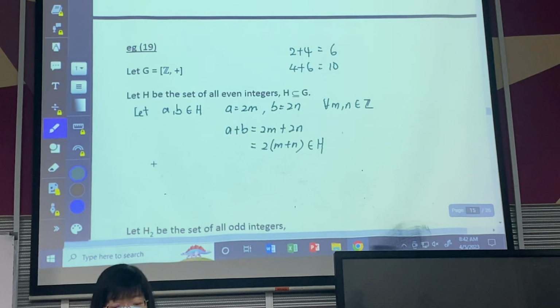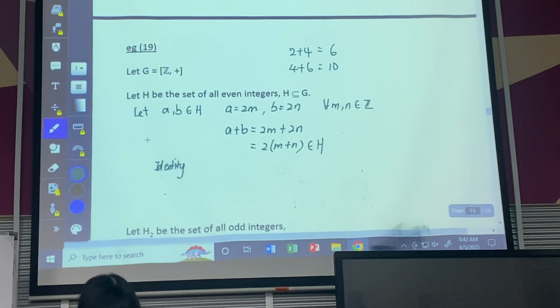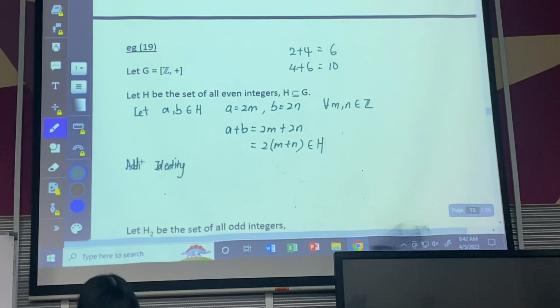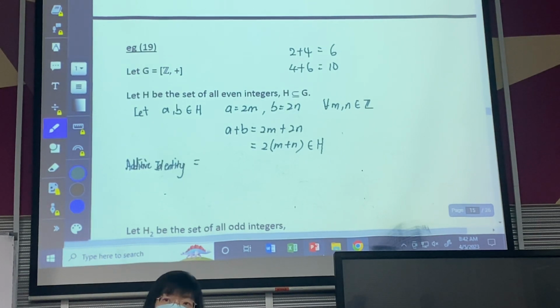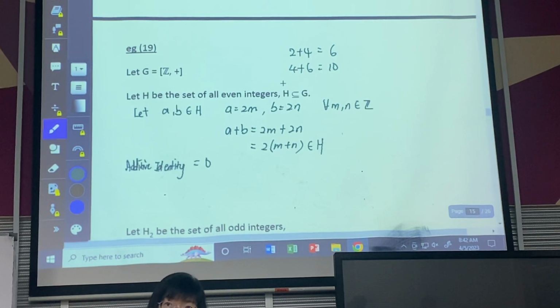Okay, the next condition is to find the identity. What is the identity for the additive operator? Plus, now the operation is plus, so you can say the additive identity equals, what is the identity? 0. So does this belong to the even numbers or not?